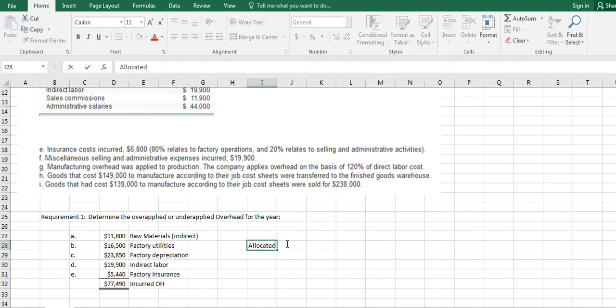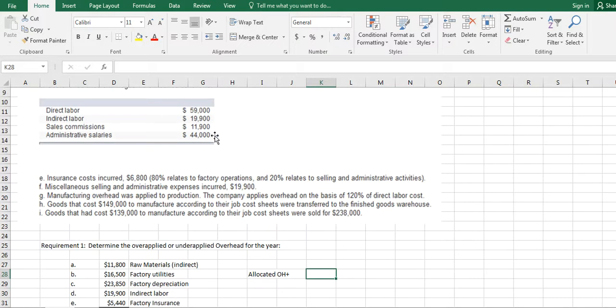So allocated overhead equals, and we've got direct labor, $59,000 times 120%, so that's 1.2.